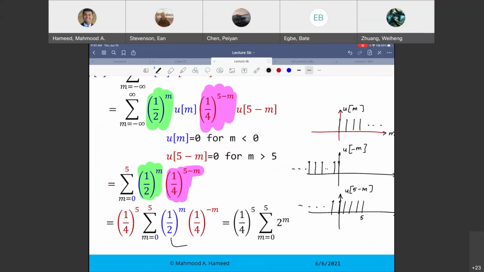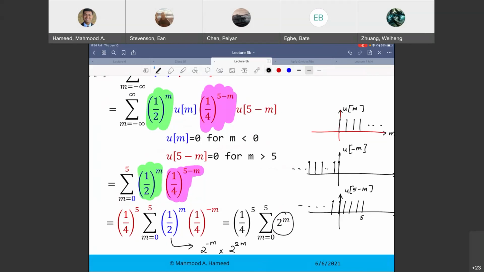Well, the first piece is 2 raised to negative m, and the second piece is what? 2 raised to 2m. Right? 1 over 2 raised to 2, the whole thing raised to negative m, is 2 raised to 2m. Multiply that, you get 2 raised to m. So I have 1 over 4 raised to 5 times the summation for m from 0 to 5 of 2 raised to m.